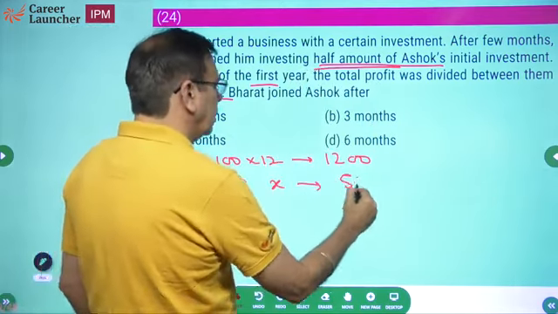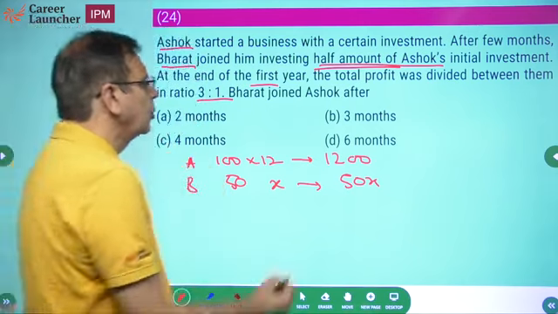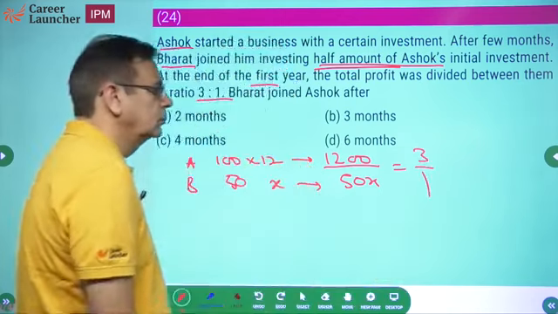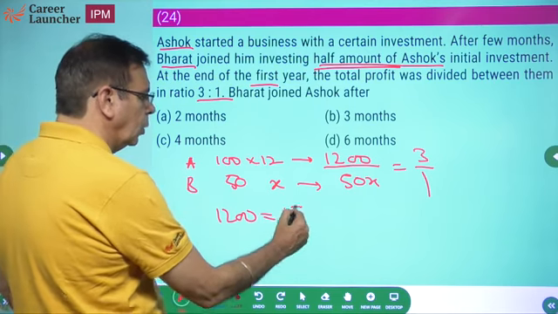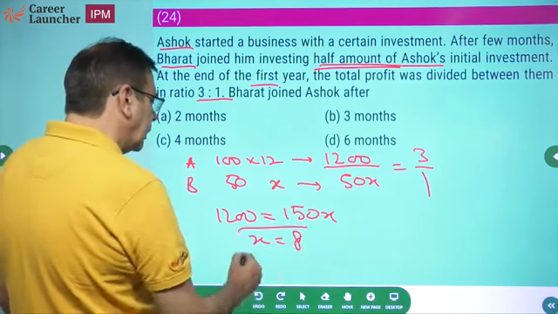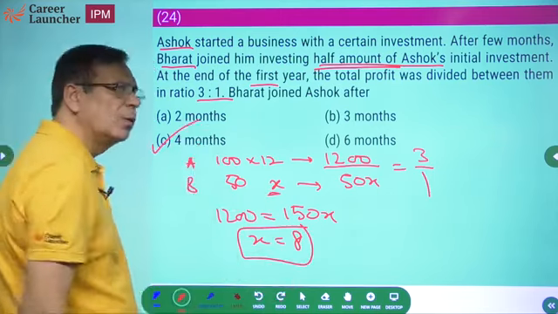So 50x. The profit has to be divided in the ratio of the investment. This should be 3/1. So 1200 is equal to 150x, or x is equal to 8. That means he was there for 8 months, so he would have joined after 4 months.